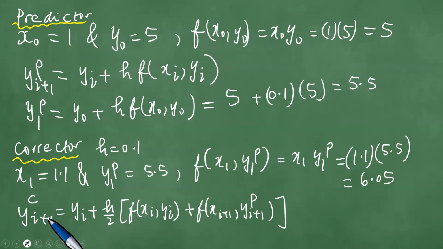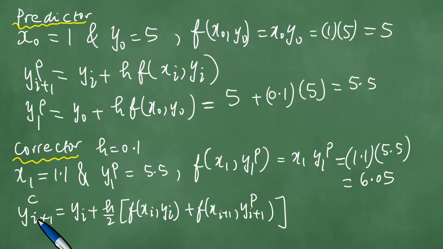Now, if this is the corrector, at this point, what is y1 corrector? It happens when i is 0. So y1 corrector is equal to y0 plus h over 2.